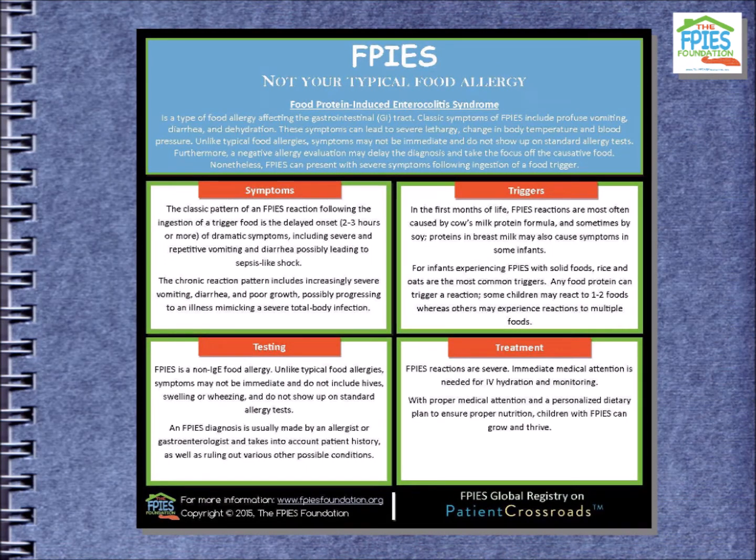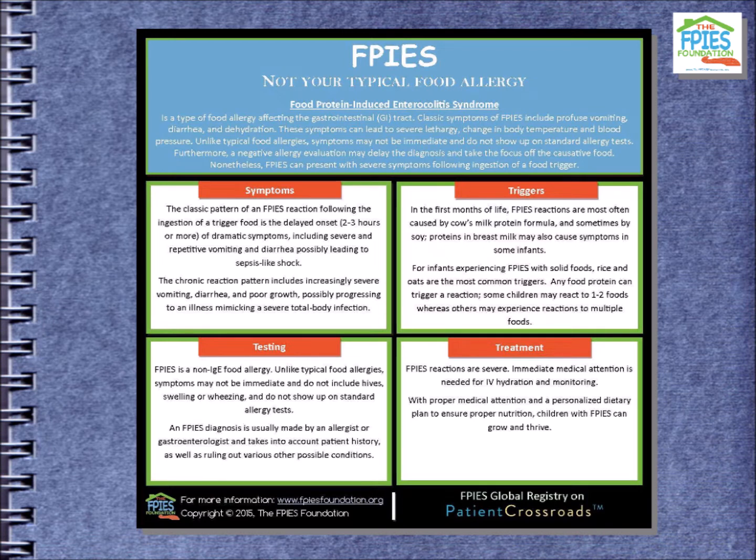So this next slide, we're looking at just a really basic overview of what FPIES is. It really is not your typical food allergy. When people think of food allergies, they often think of what's referred to as IgE food allergies, and FPIES is kind of a different beast.